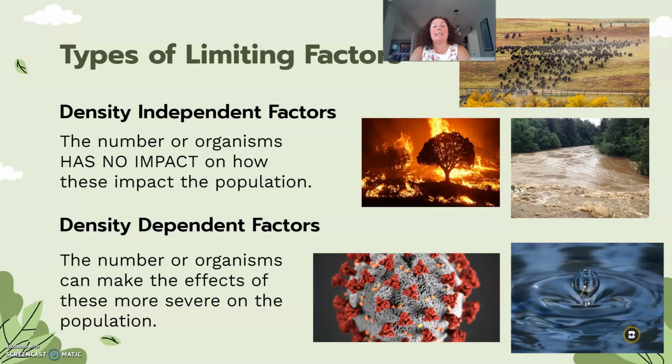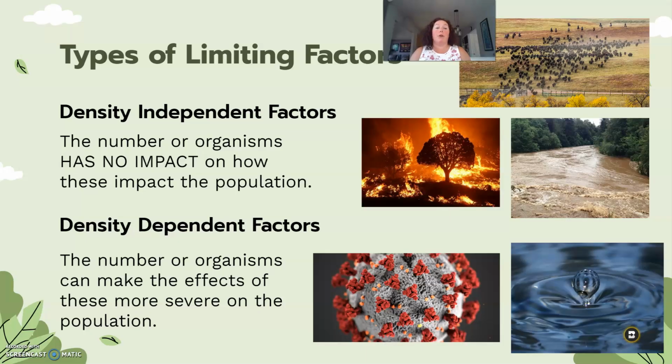Whereas density dependent, think of it like our independent and dependent variables. If it's independent, it doesn't matter how big the population is. If it's dependent, it means that if it's a larger population, it's going to have a more severe effect because there's more individuals. For example, if you have a disease spreading through a population, the larger the population is, the easier it's going to spread from organism to organism, and then it's going to impact more of the population.